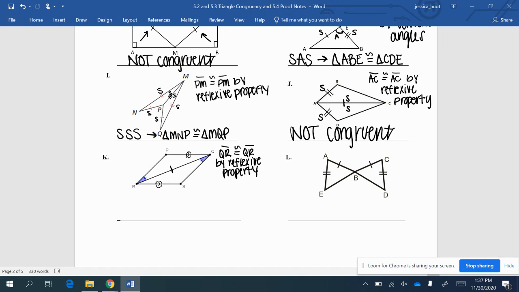Remember, those are the symbols for parallel lines. So these 2 angles are congruent, but then I can say these 2 angles are congruent. So angle PQR is congruent to SRQ because they are alternate interior.